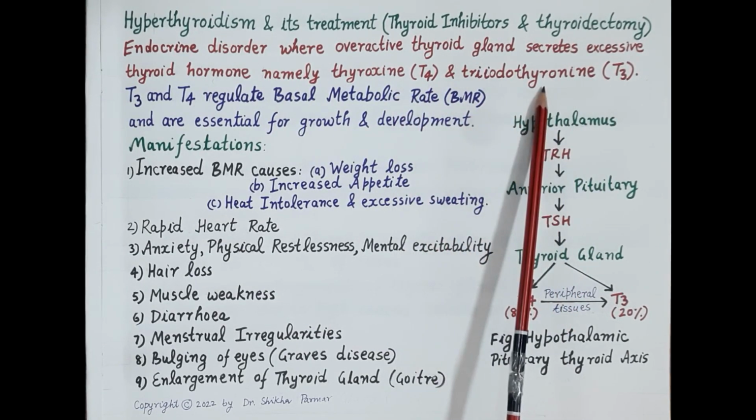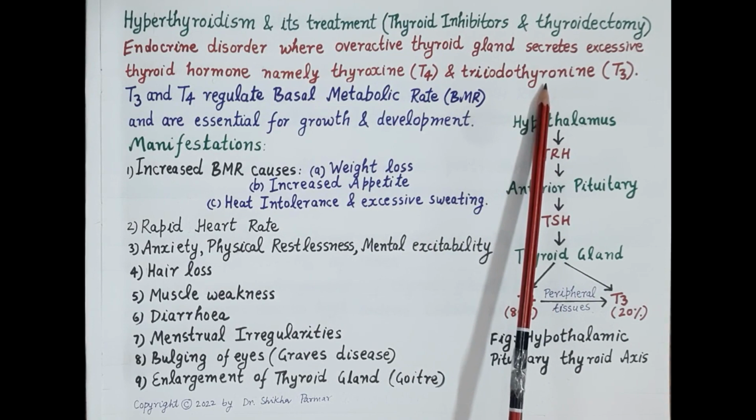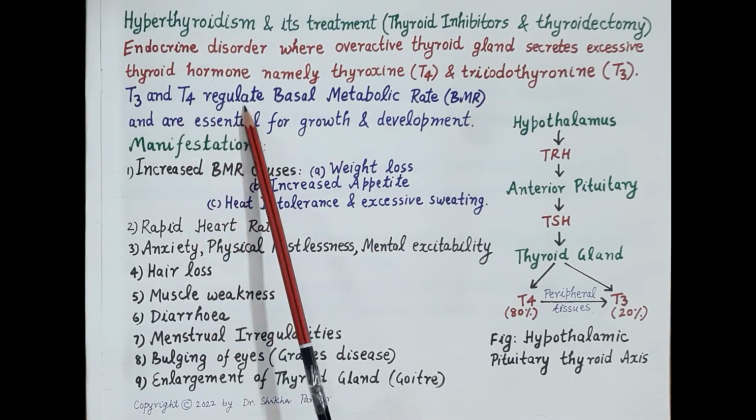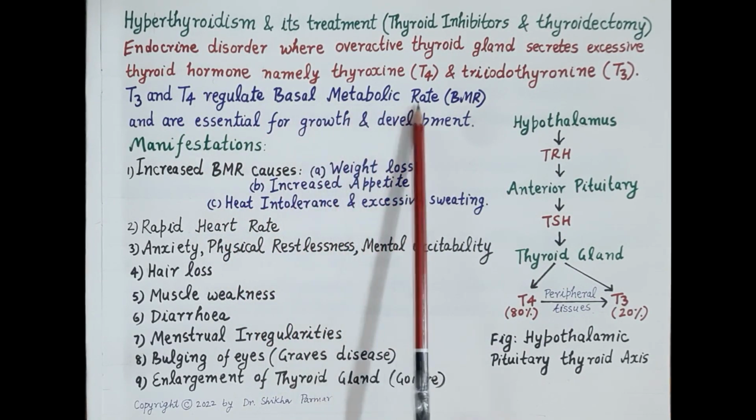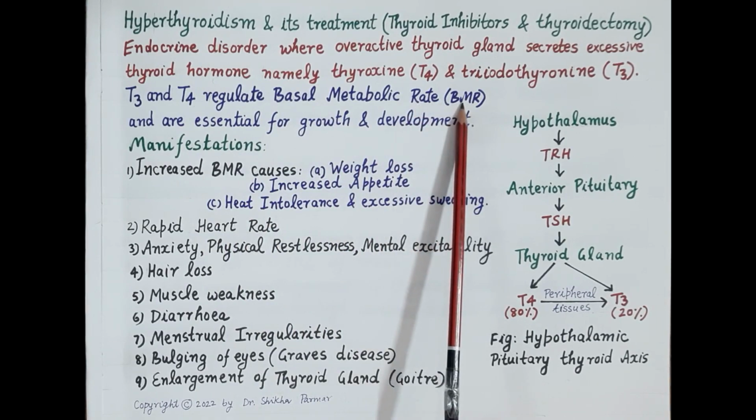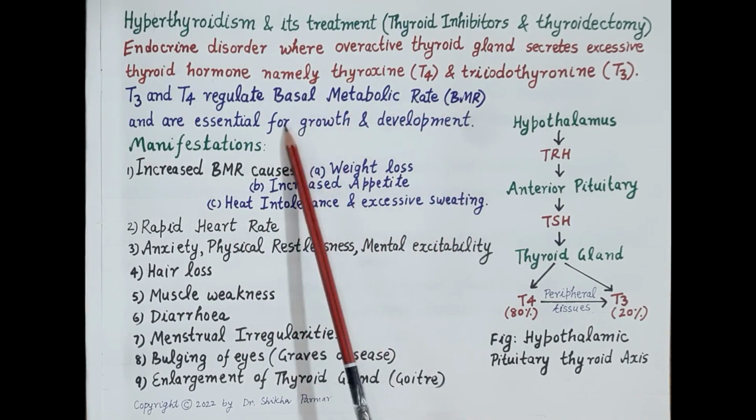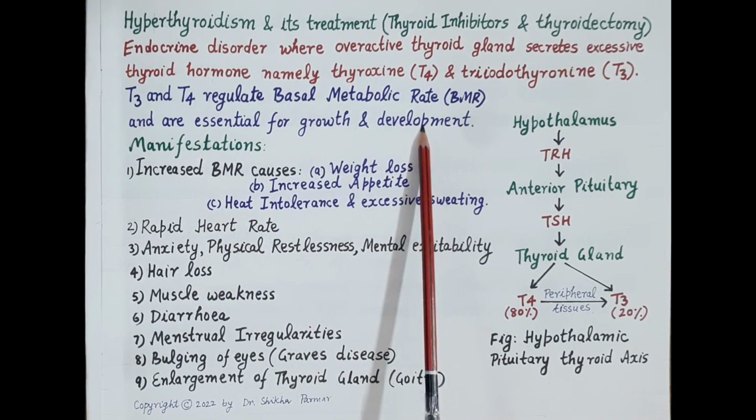Thyroxine and triiodothyronine are collectively termed as thyroid hormone. The main function of T3 and T4 is to regulate basal metabolic rate, that is BMR, and they are very essential for the growth and development of body.